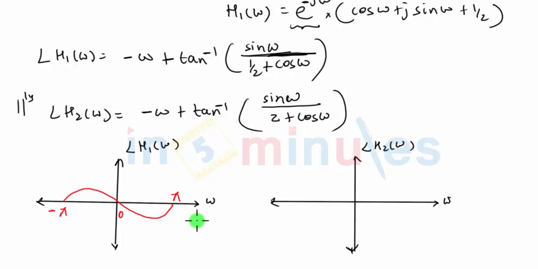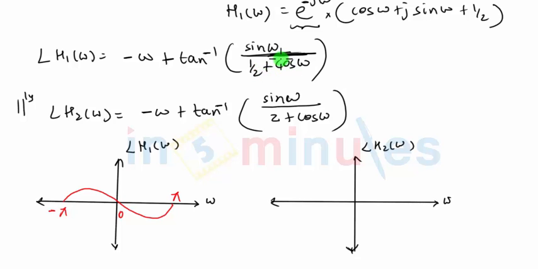But you have to understand what happens when I take omega equal to pi and minus pi. If I put omega equal to pi, sine of pi will be 0 and cos of pi is minus 1. Half minus 1 will give me minus half. So it is tan inverse of 0 upon a negative number.